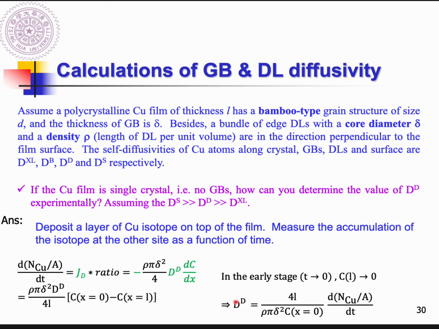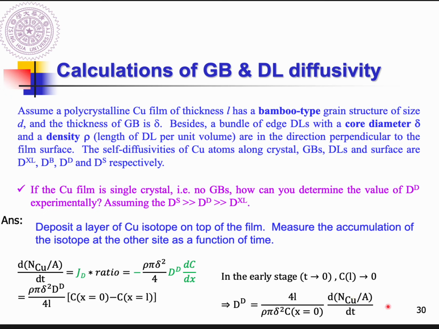The only things you need to know to get Dd would be the thickness of your copper film and the correlation factors, and most importantly, at different time points you need to know the area concentration of copper isotope.